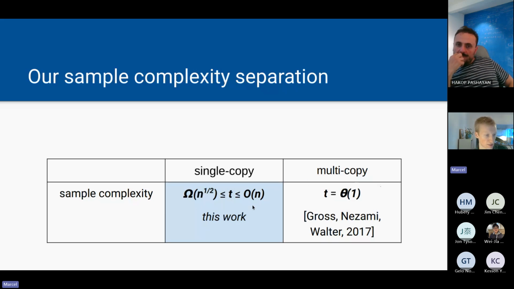And we show that if you only have single copy access, your sample complexity will depend on n in some non-trivial way. And so there's again a separation. It's just that for us, the separation is much more fine-grained. It's only at most a linear blow up. And this has to do with stabilizer states being a much more structured set. So we wouldn't expect a big separation anyway, but there's some separation.